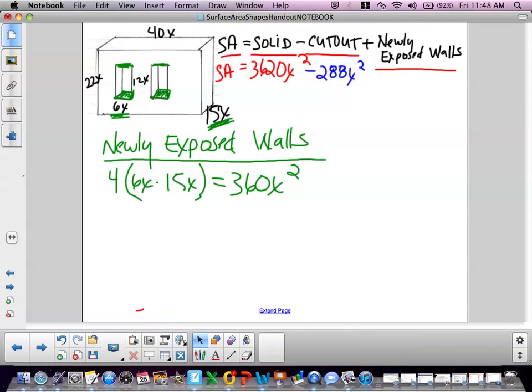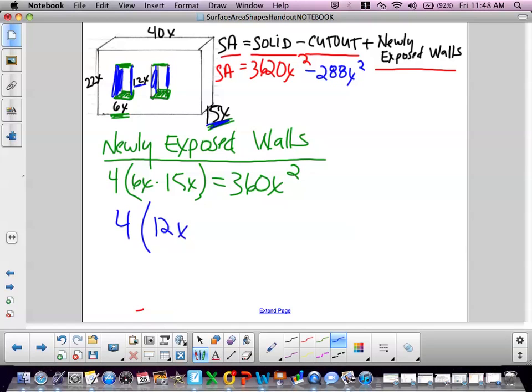Then I have the side walls. So I have a side wall here that's newly exposed, and it is 12x by 15x. I have one wall here, 2, 3, and 4. So I have 4 of these walls that are 12x in height, but they're 15x deep.